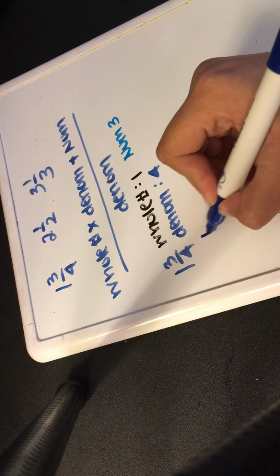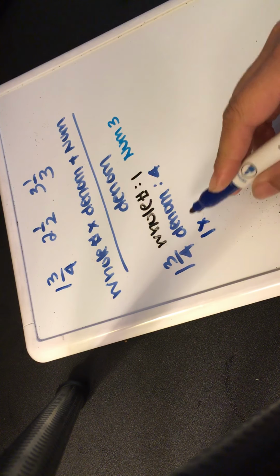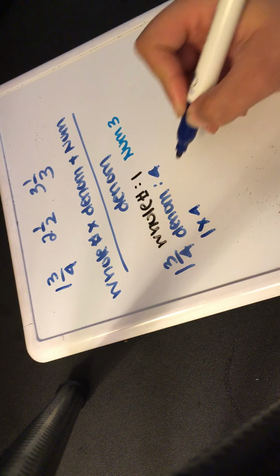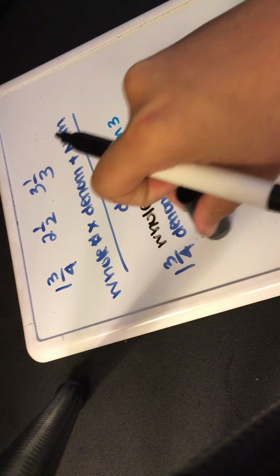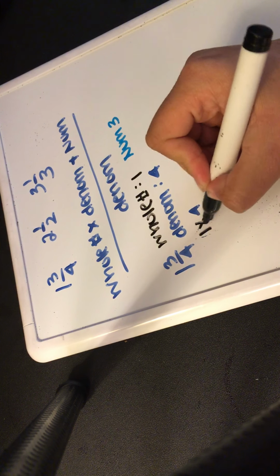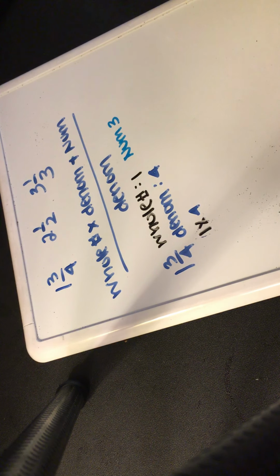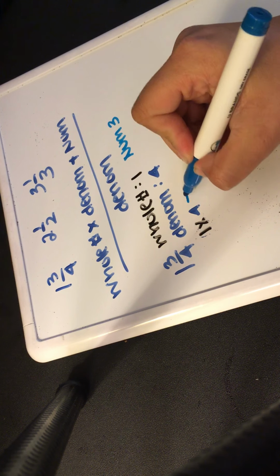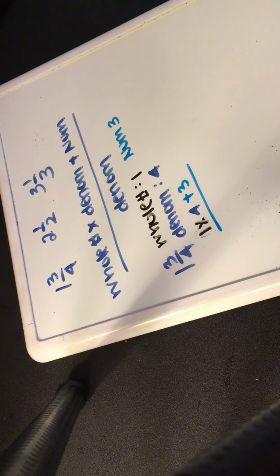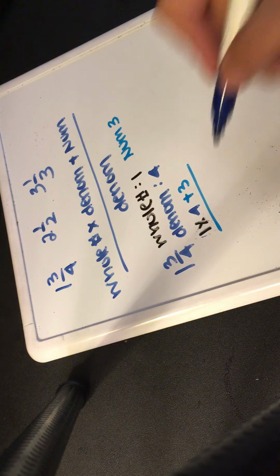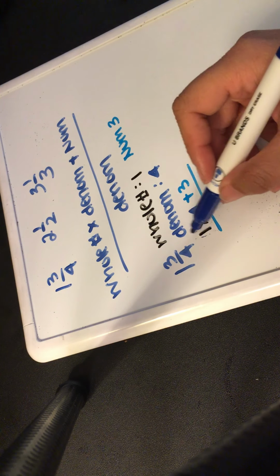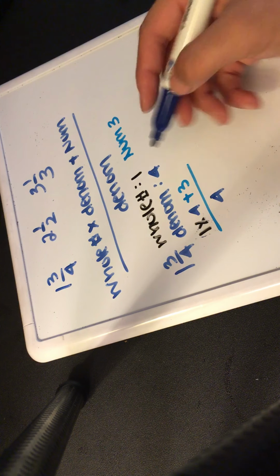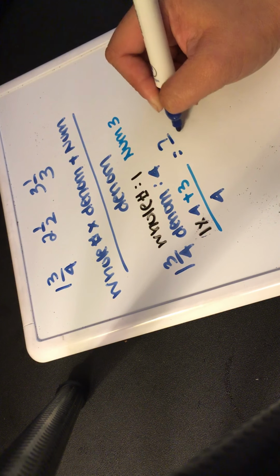It's going to be 1 times our denominator, which is 4, plus 3 over our denominator. So that will equal 1 times 4 is 4, plus 3, which will give me 7/4.